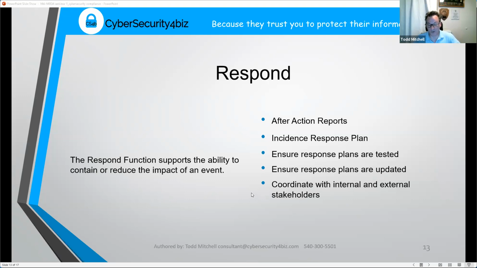So take lots of notes after a whole thing is over with, get your team together and go over, hey, what went right, what went wrong, what do we need to fix before the next time this happens? Let's figure out exactly what it was that happened and document it, so that you can analyze that and find a way to reduce the risk of it happening again.